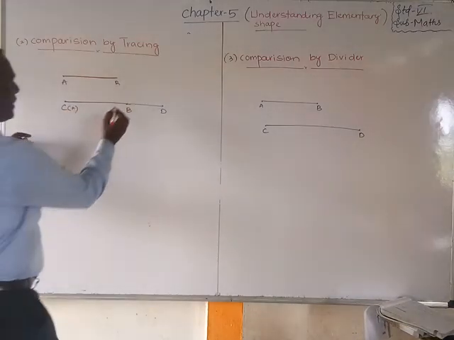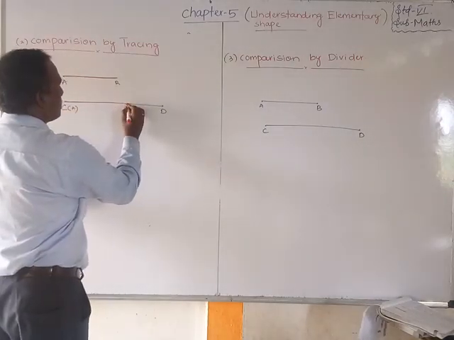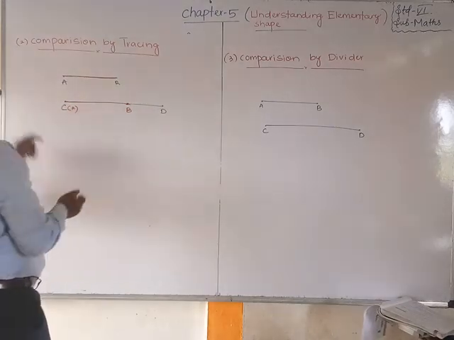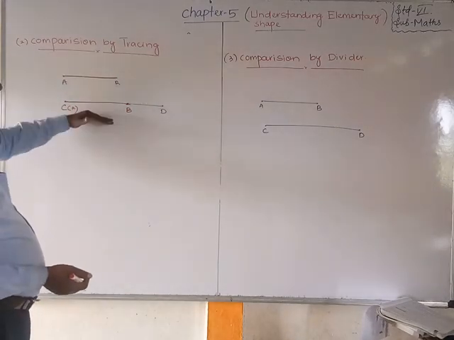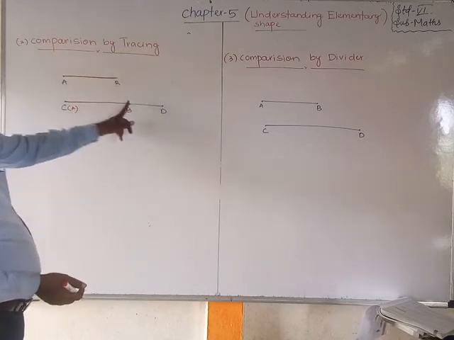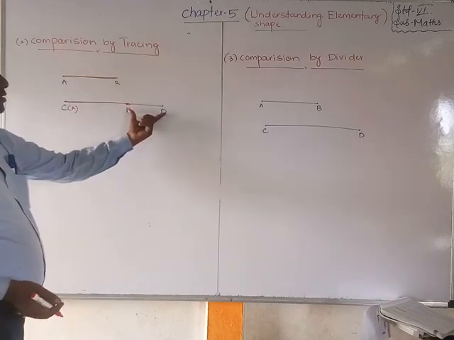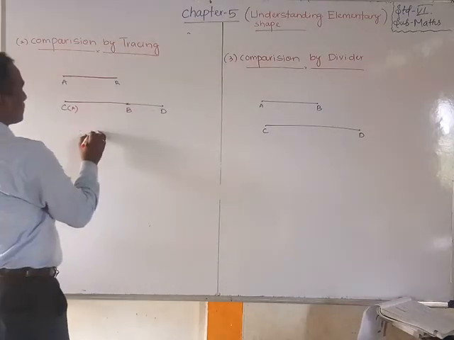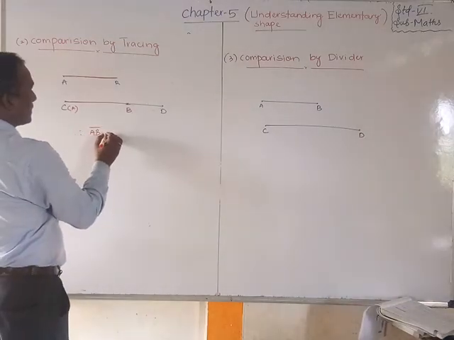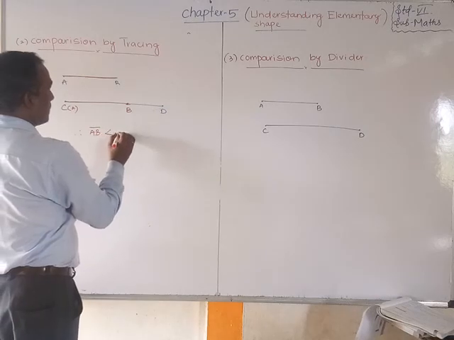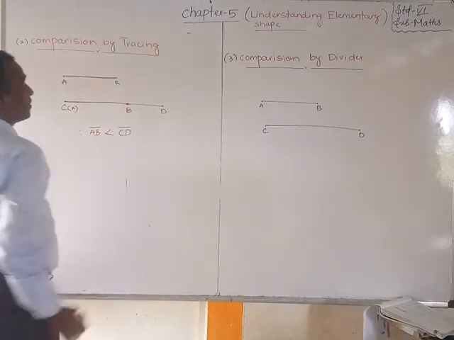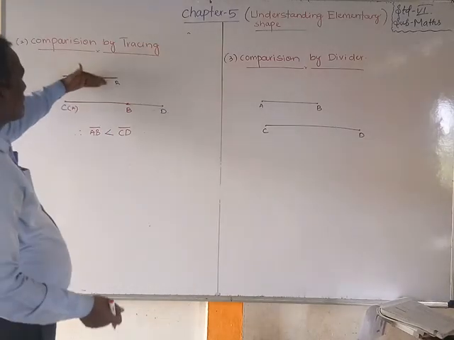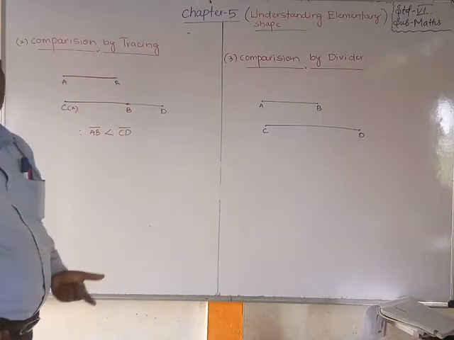That means CD is bigger, because when we keep AB on CD, AB reaches only up to here and extra length remains on CD up to here. So we understood that AB is smaller than CD. Okay students, this is called comparison by tracing. We keep one on the other and understand which one is bigger.